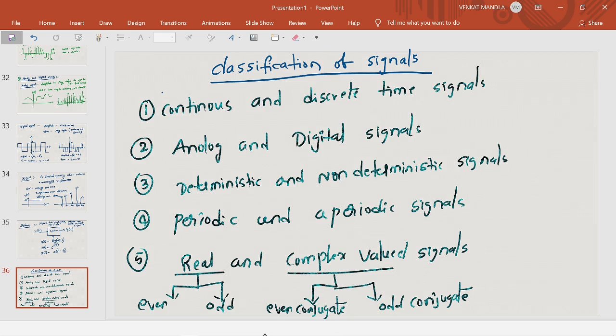Okay, so real and complex valued signals. In real signals, there are two types of signals, even signals and odd signals. In complex valued signals, there are two types, even conjugate symmetric signals and odd conjugate symmetric signals.